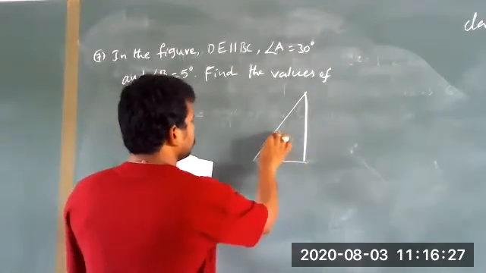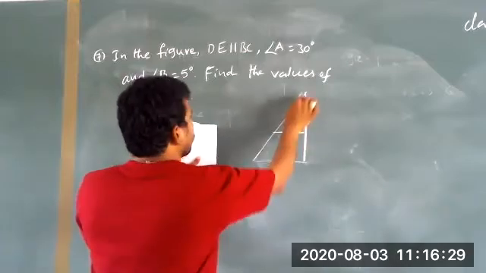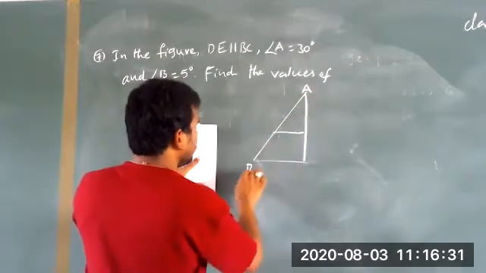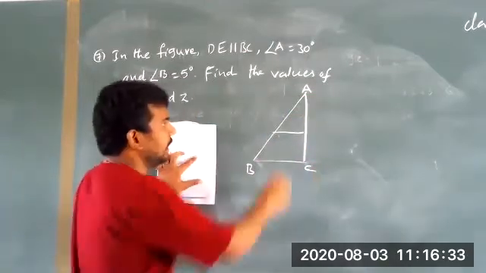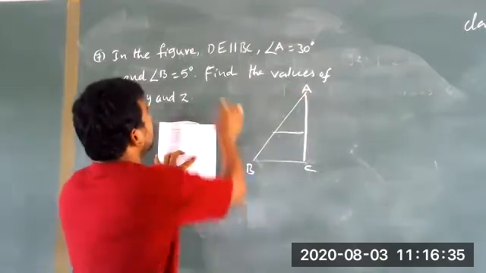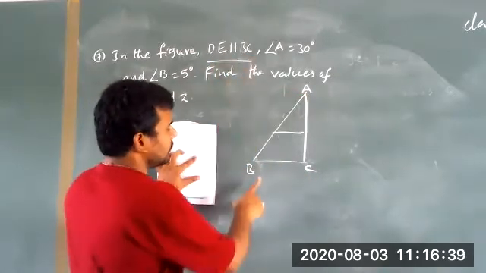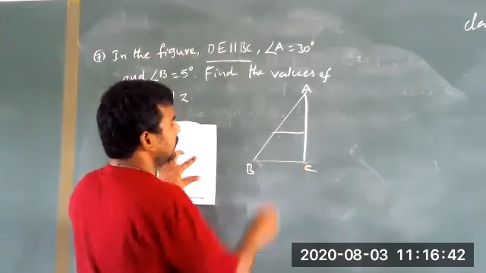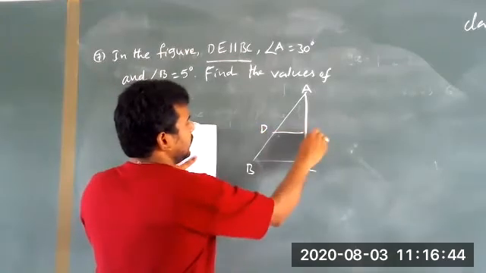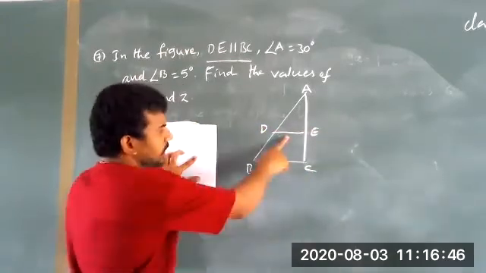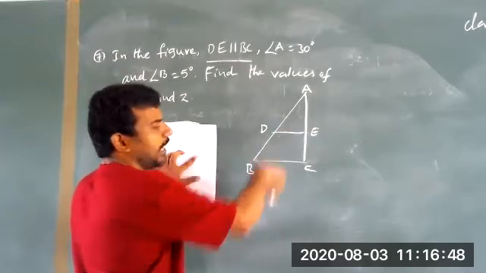Here a diagram is given. This is the ABC triangle. Here some information is given, children. DE is parallel to BC. So this is the BC line, and this is D. So this line DE and BC are both parallel.